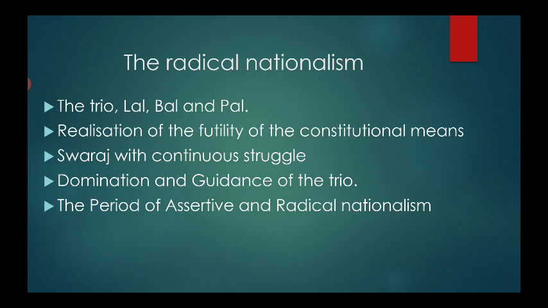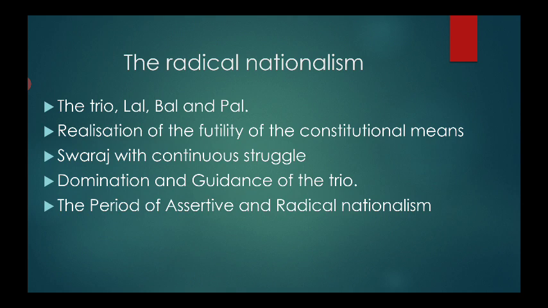But they also believed in British sense of justice and fair play. But the government always discarded their appeal and nothing good came out of it. None of their appeals were accepted.